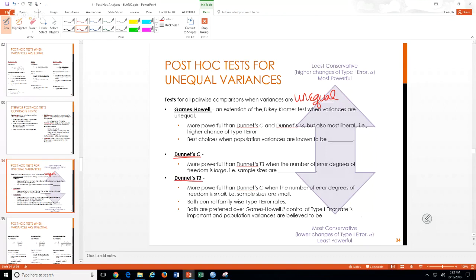So again, the differences are most often based on how conservative or how liberal these tests are. Games-Howell, an extension of the Tukey-Kramer, is the most powerful of the 3, but it's also the most liberal, with a higher chance of type 1 error. But it's the best choice when your populations are known to be unequal.